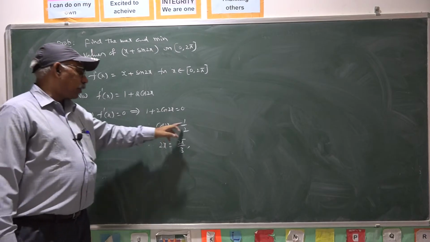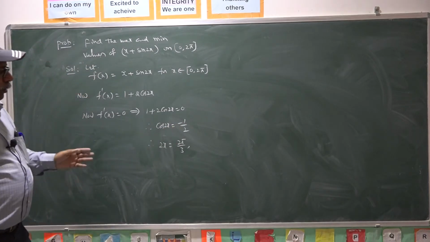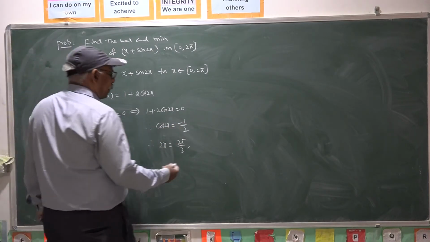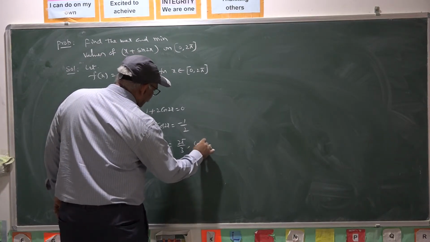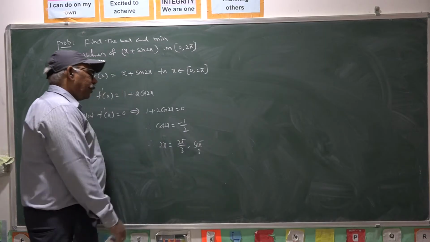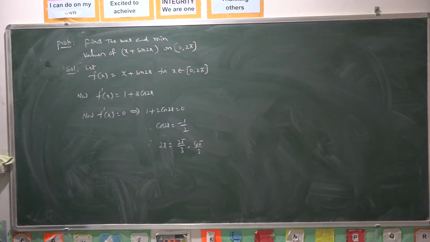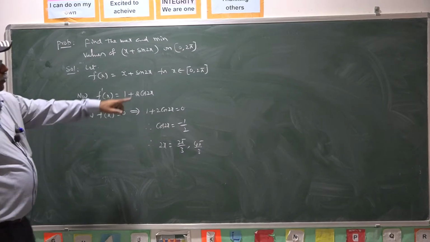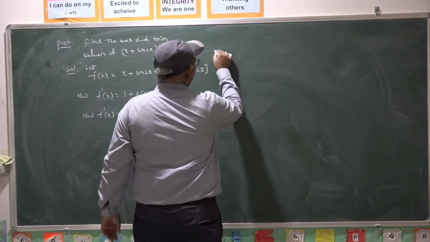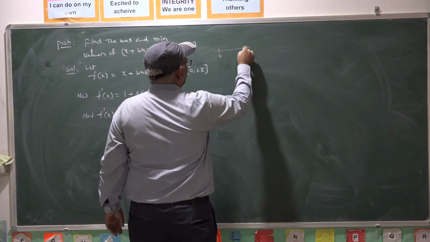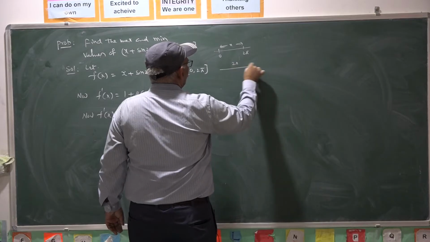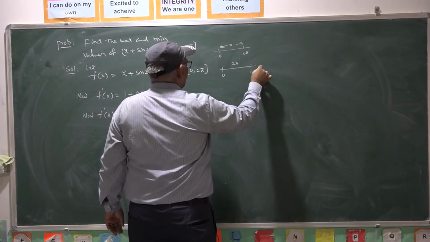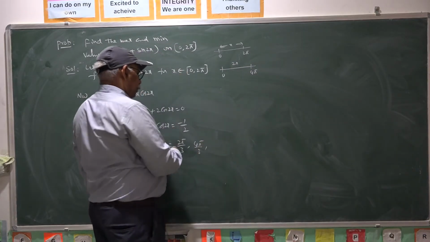Cos 2 pi by 3, that is cos 120, is minus half. Similarly, pi plus pi by 3 means 4 pi by 3, so 2x is 4 pi by 3. Again, because x lies between 0 and 2 pi, 2x lies between 0 and 4 pi. So, you have to consider another 2.